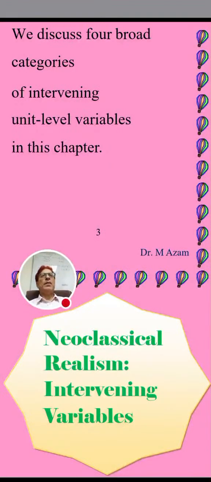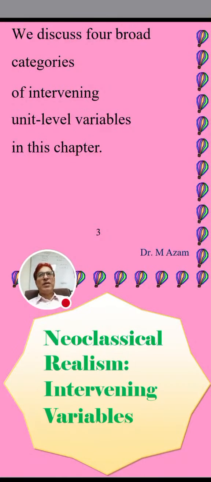If someone has higher education, his or her income is likely to be higher. So what is the independent variable here, and what is the dependent variable?